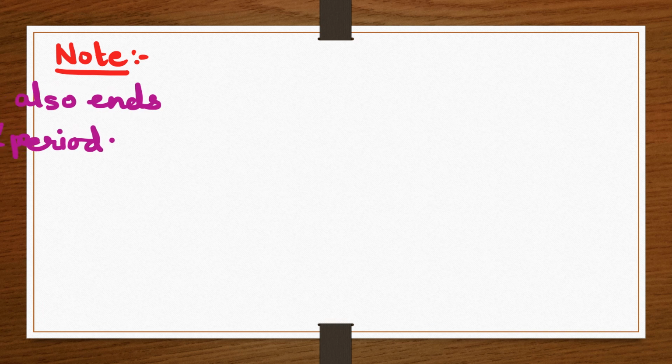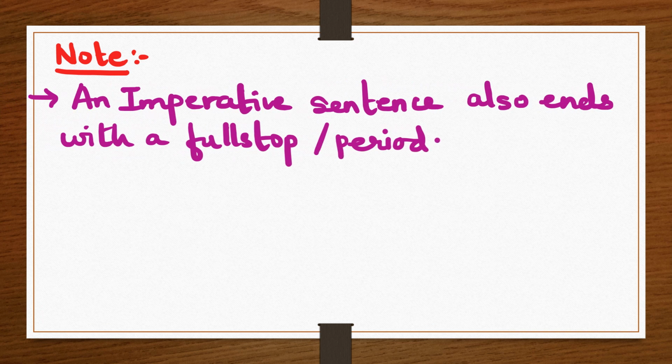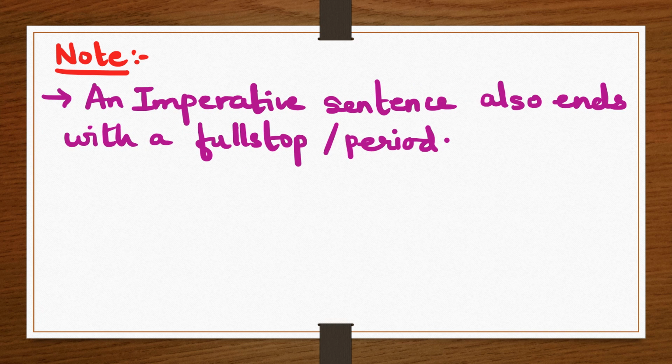There is an important point that we need to understand. An imperative sentence also ends with a full stop. Like an interrogative sentence ends with a question mark, and an assertive sentence ends with a full stop, an imperative sentence also ends with a full stop.